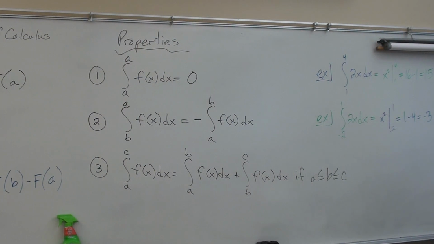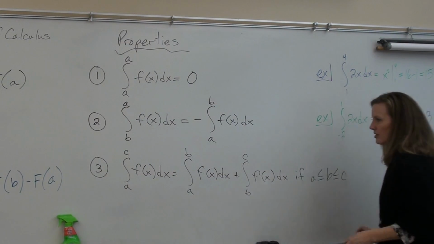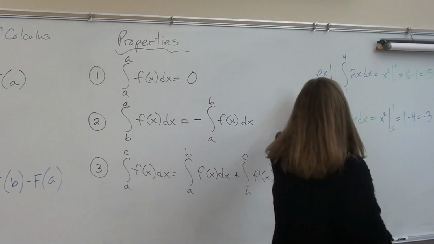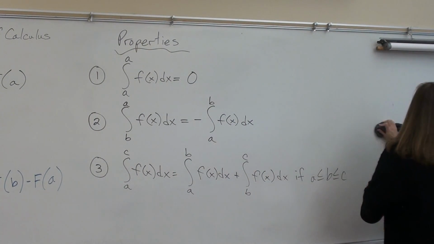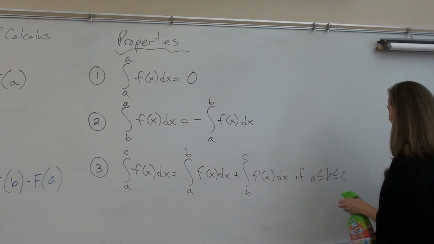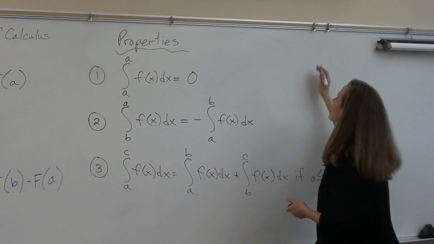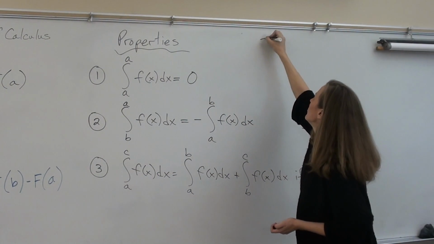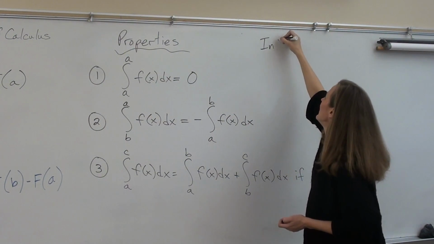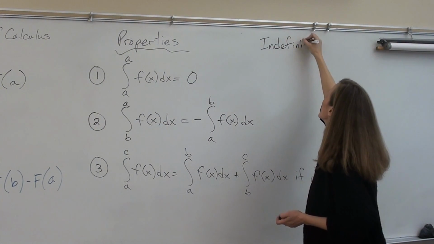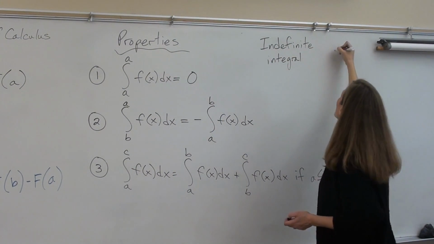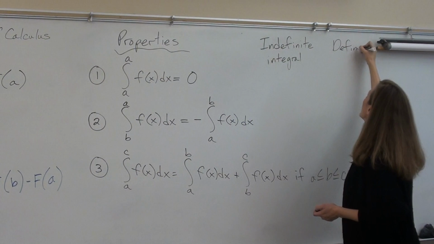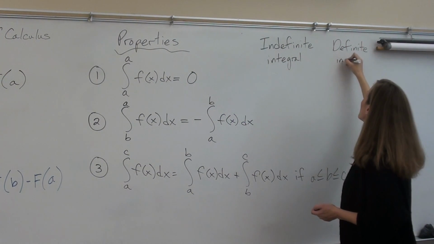All right. Very quickly, just so that you've got it on paper and you understand the difference, we're going to write one quick thing down and then erase it, because I've already spoken about this, but this is just so it's in your notes. So, we have two types of integrals. We have an indefinite integral, and we have a definite integral.